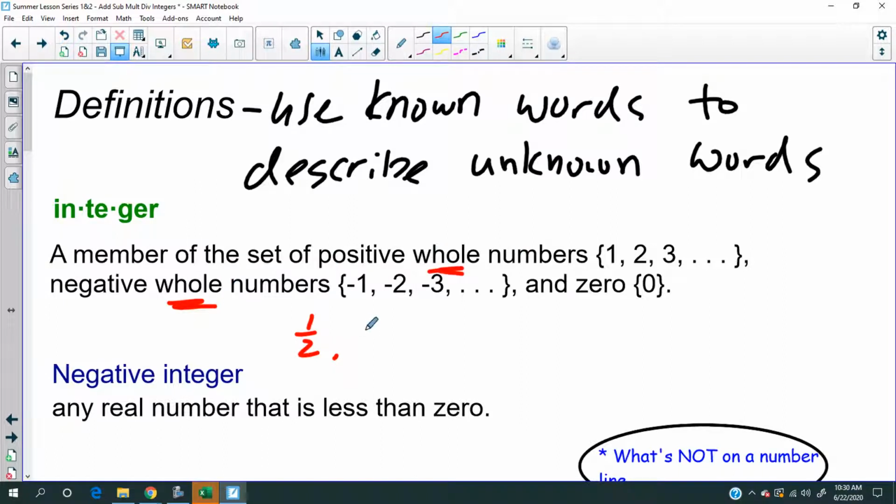Now, it could be positive whole numbers, 1, 2, 3, 4, 5, and so on and so forth, negative whole numbers, and zero. Again, this is not an integer, so make sure you know that. Now 0, is that an integer? Yes, you bet.